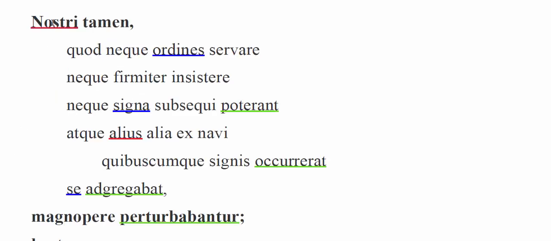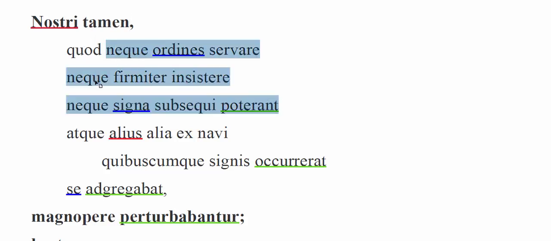All right. Our men, tamen. So we know right away. However, although, okay, we have a problem here. Our men, though, because, and then look at all these things that they could not do. Another tricolon of things they could not do.